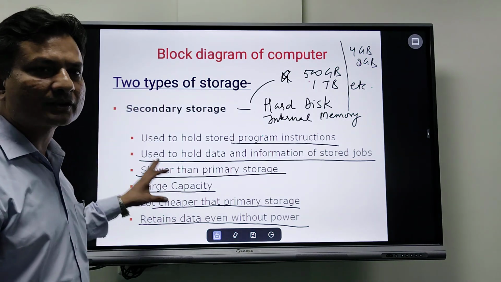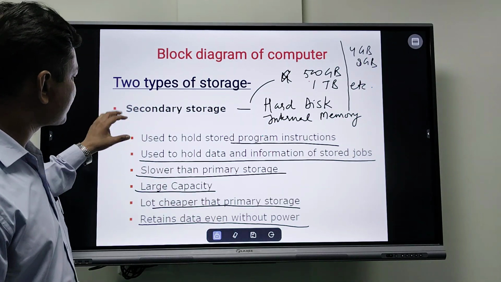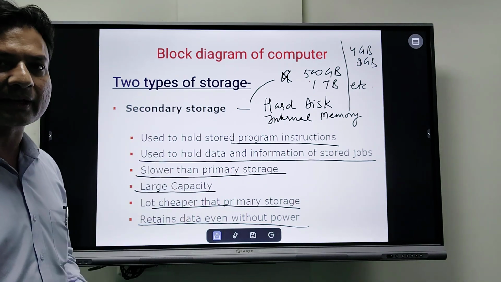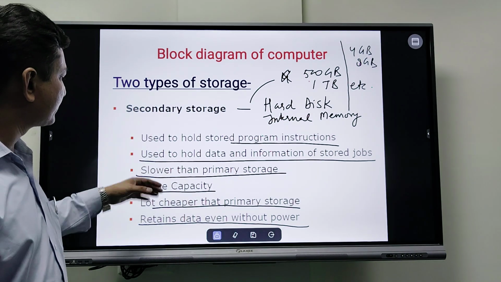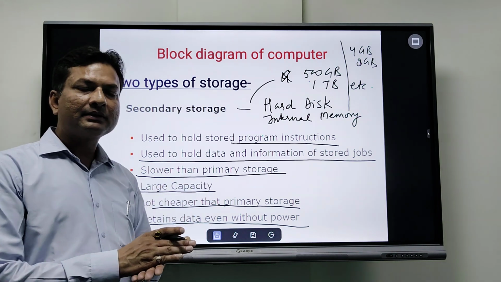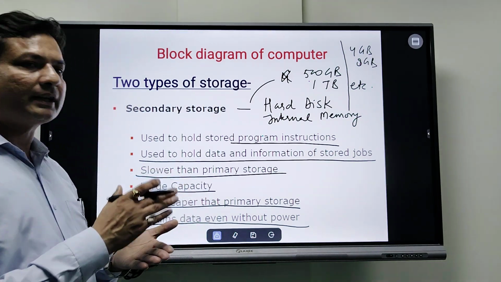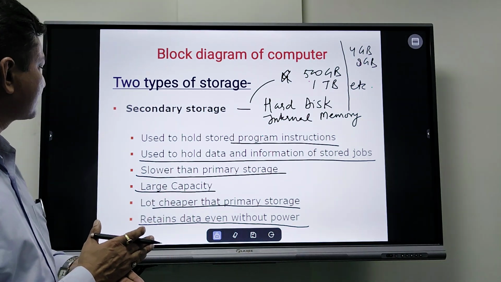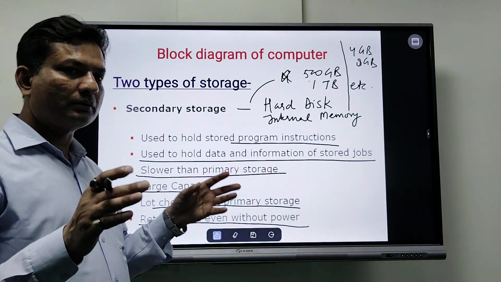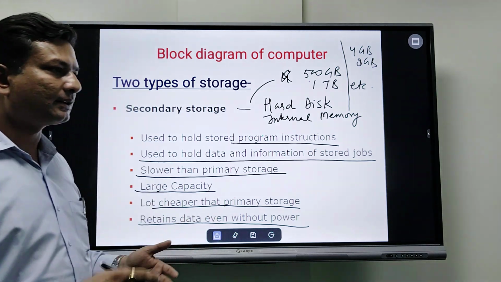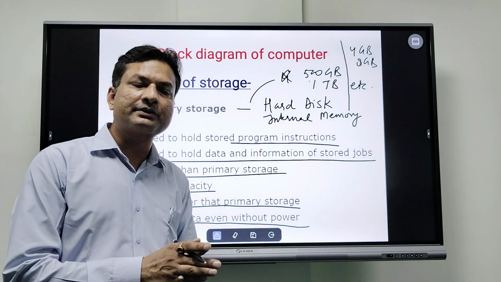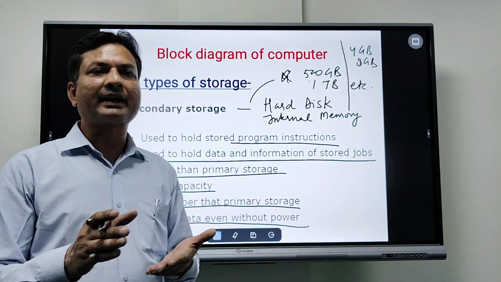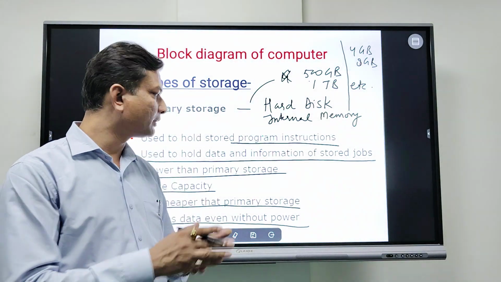So the first two functions are the same, but the main difference between primary and secondary storage is their speed, their storage capacity, whether they are volatile or not, and their cost. So I would like to conclude that primary storage is expensive, secondary storage is cheap.